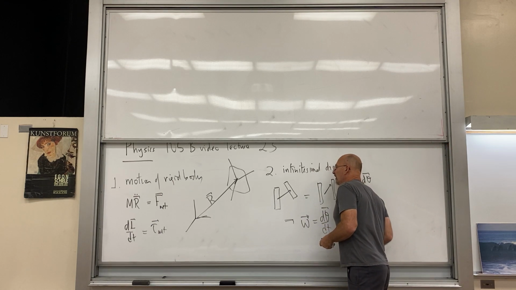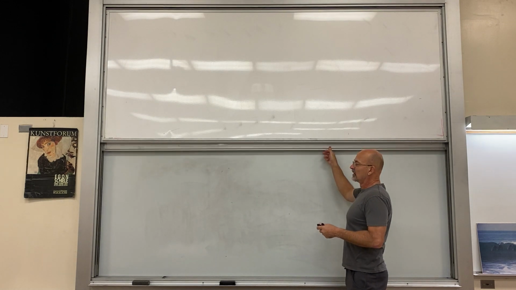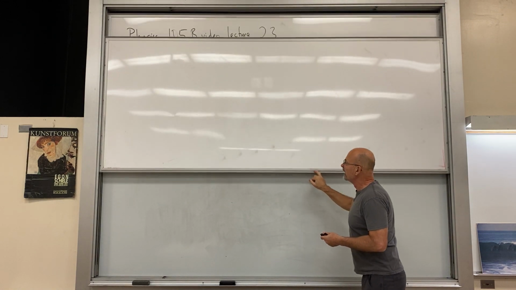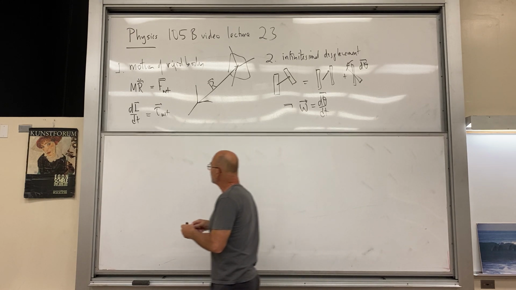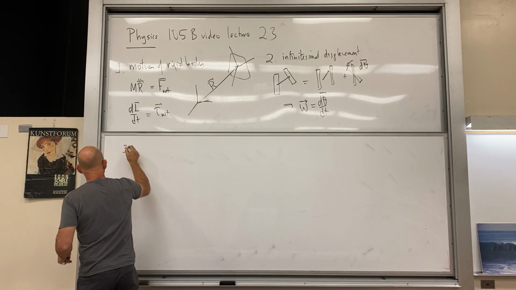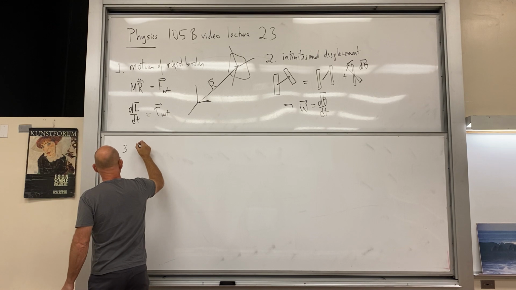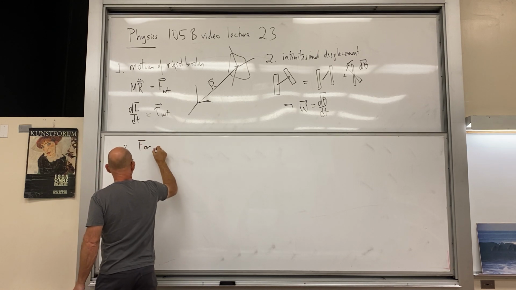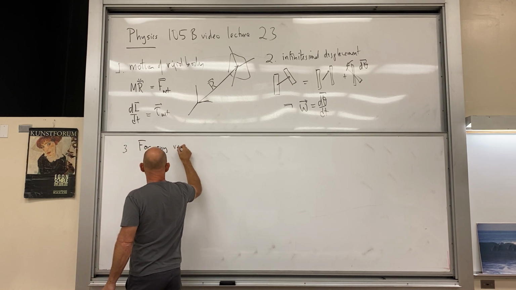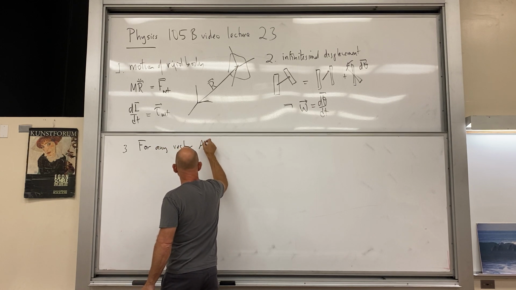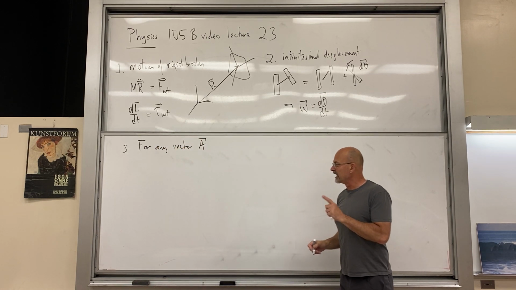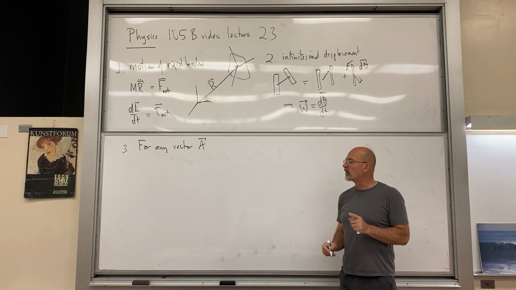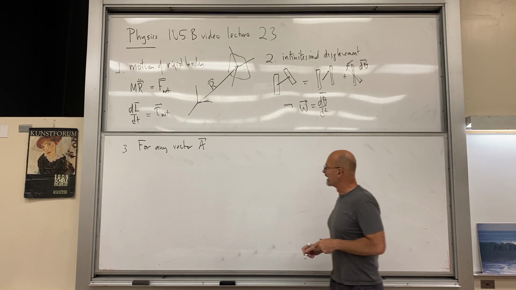So then, in terms of that omega, we got a really important formula. For any vector A, we can talk about its derivative in the lab frame or its derivative in the body frame.